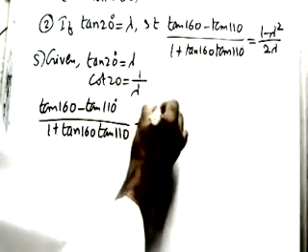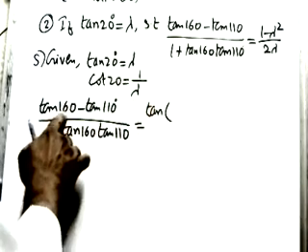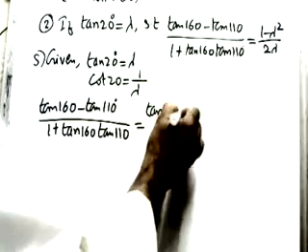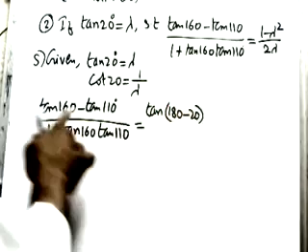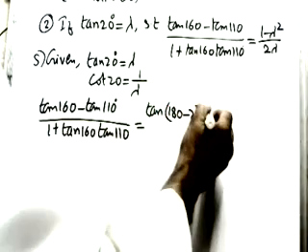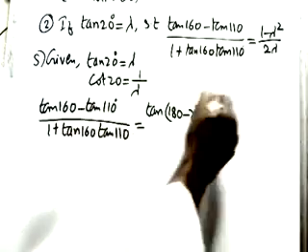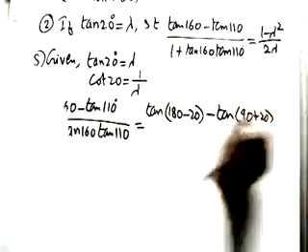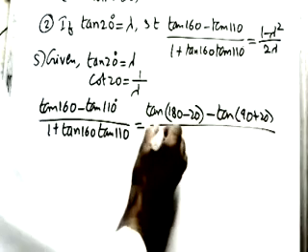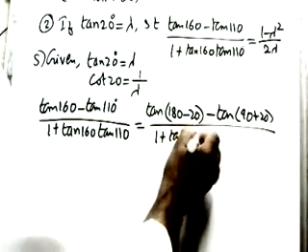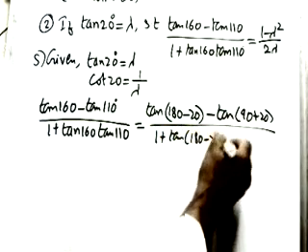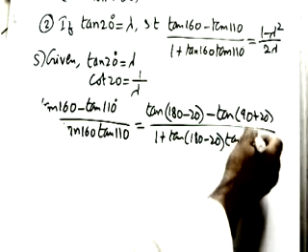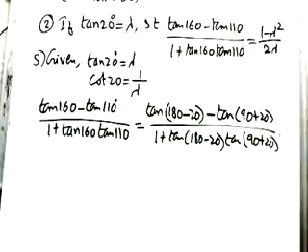Now let me change these values. Tan 160 can be written as tan of 180 minus 20, minus tan 110, which can be written as tan of 90 plus 20. In the same way, change the denominator: tan 180 minus 20 into tan 90 plus 20.